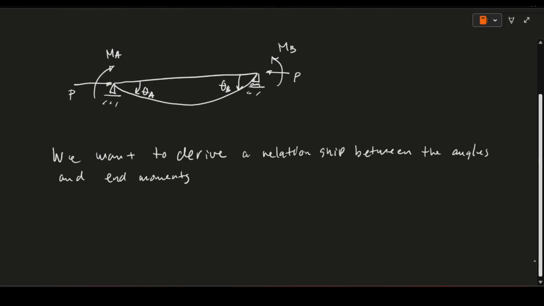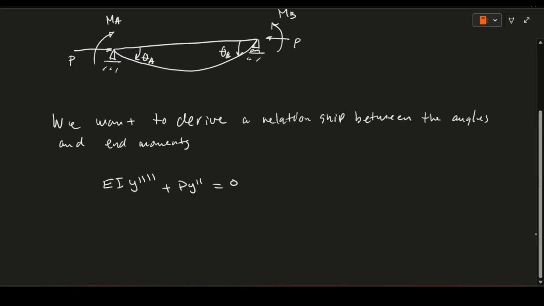Okay. We know that we have a governing equation looking like this: EI y prime prime prime prime plus P y prime prime is equal to 0. And we know that the general solution for this problem is y of x is equal to a sine kx plus b cosine kx plus cx plus d.